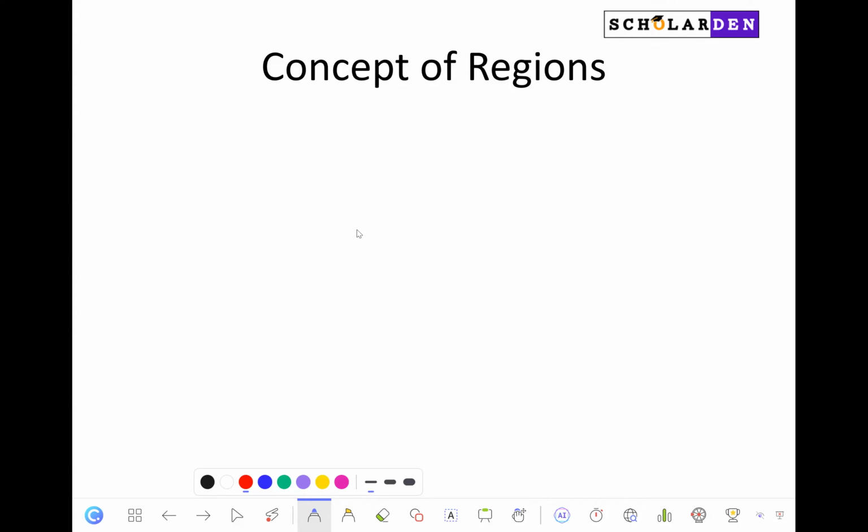Again, the reason I'm discussing the concept of regions after the examples is that through those examples, we understand how to utilize all the knowledge of coordinate geometry, the equation of the line, the slope intercept forms and everything, and how to solve different questions. And we're going to make use of that same knowledge, for example, to identify the regions.